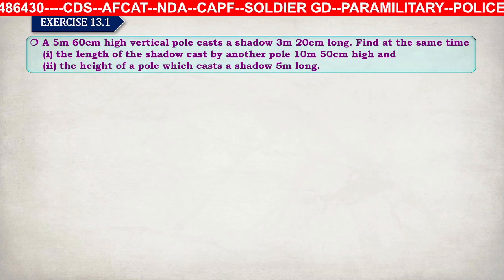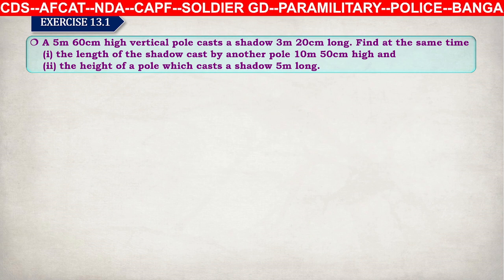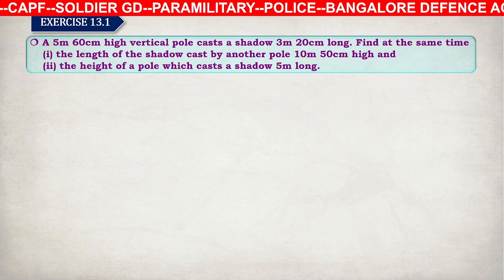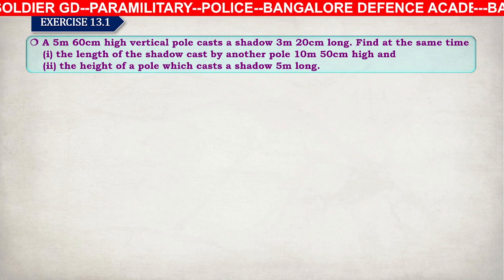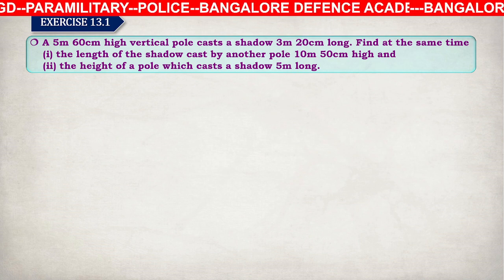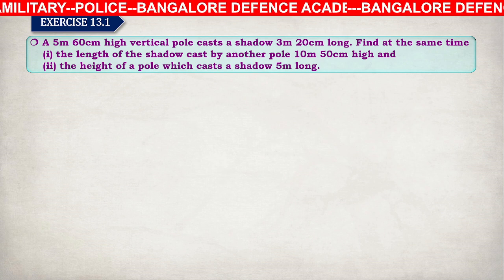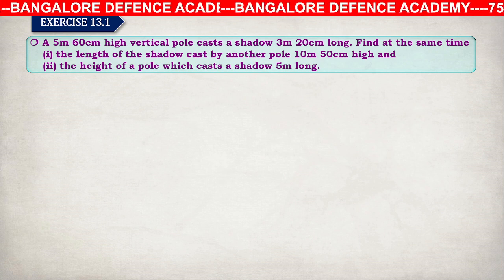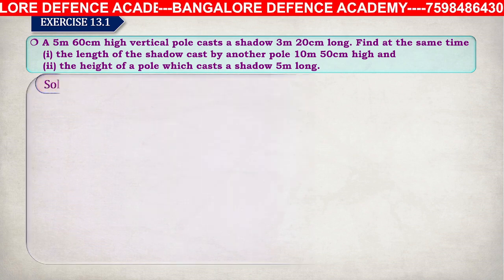Next, a 5 meter 60 centimeter high vertical pole casts a shadow 3 meter 20 centimeter long. Find, at the same time, the length of the shadow cast by another pole 10 meter 50 centimeter high, and the height of a pole which casts a shadow 5 meter long.